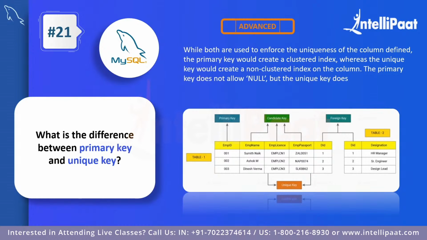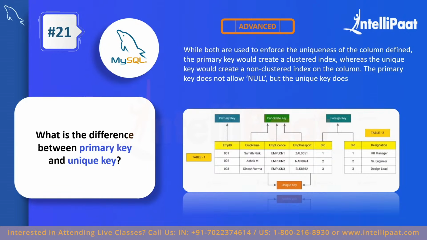This is the employee ID, which is 1, 2, and 3. All these values have to be unique and have to correspond to a particular employee name, right? While we can see the unique key being a combination of two columns, namely the employee license and the employee passport.